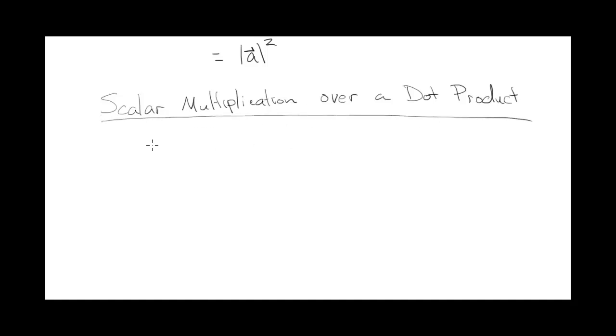What it says here is if you do a scalar multiplication on a vector, let's say k times a, and then we dot that with another vector b, you can multiply the scalar in any order here. So you could do a dot, and then multiply the scalar times b, and that would be the same. So if instead of doing the scalar times a, you did it times b, and then did the dot product, that would be fine. Or you could do a dot b first, put that in the brackets, and then multiply that value by your scalar, and again you'll get the same thing.